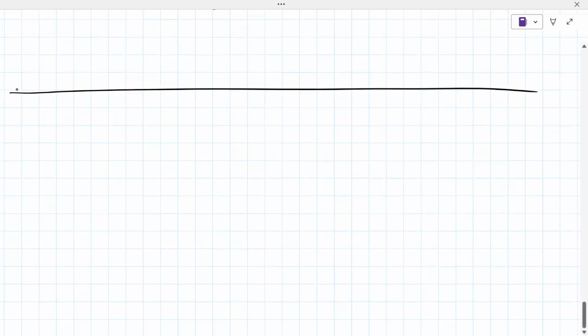Let's try one more. Let's have you try this one. Cube root of -189.